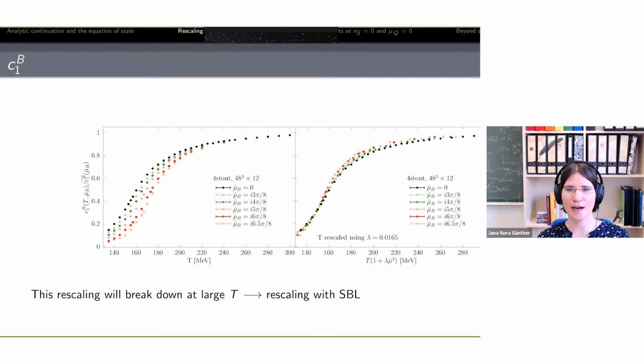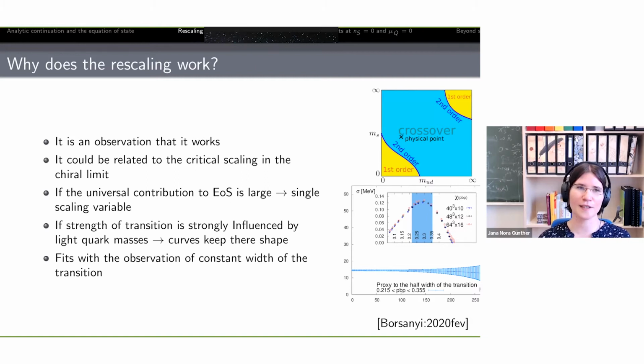Okay, now we want to calculate this shift and also the correction to this shift. First, I should briefly address why we think this rescaling works. Well, we started with an observation that it works. I showed you the plot. But an idea is that it could be ultimately related to the critical scaling in the chiral limit.